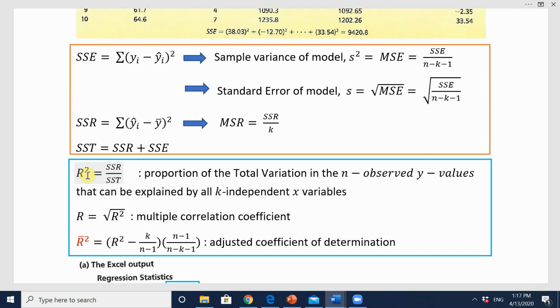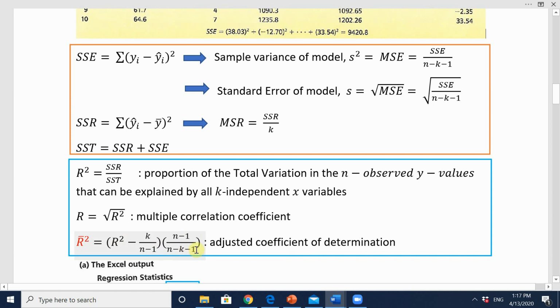And so to correct for this overestimation, we introduce another measure, and that is the adjusted coefficient of determination. The adjusted coefficient of determination here, you can see, is in fact taking your coefficient of determination R squared and subtracting from it this fraction of k over n minus 1 times this coefficient right here, n minus 1 over n minus k minus 1.